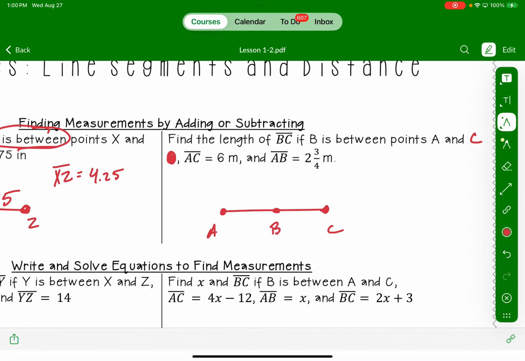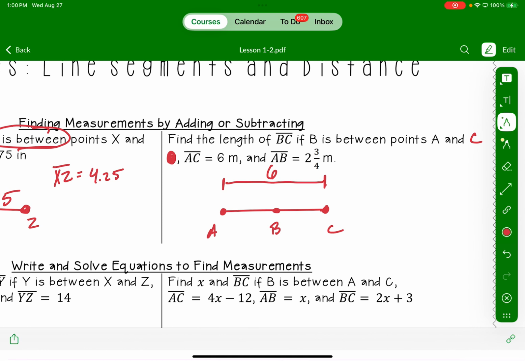All right, now we go to the next part. It says AC is 6. So how do I write on here that the length of AC is 6? How can we show that? The way I always do it is I just write a line on top, because AC is the whole length, and I put a 6 up here. So the whole length of that line is 6.